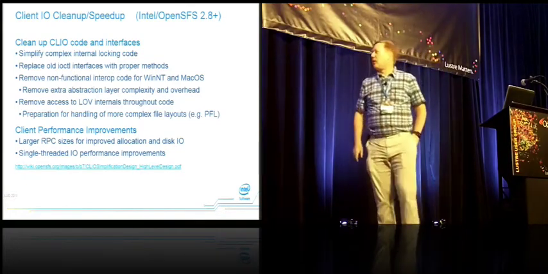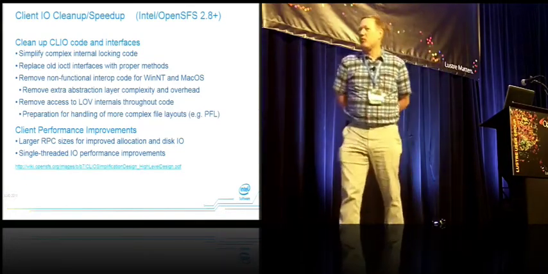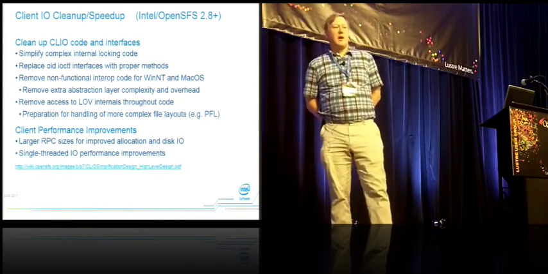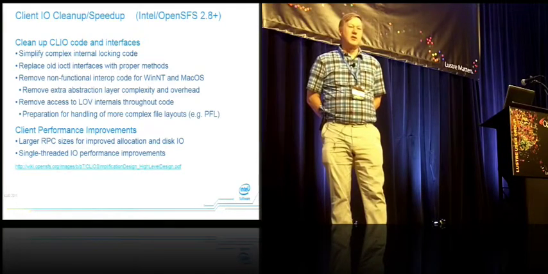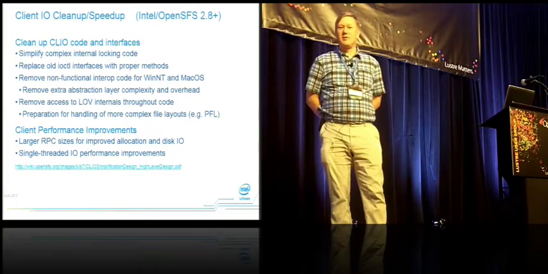As well, there are ongoing performance improvements for single clients. In the old days of Lustre, we started with single processor machines, right? And 2 cores was great. And now you're getting into machines that have hundreds of cores. And so the performance and scalability of a single node is increasingly important.